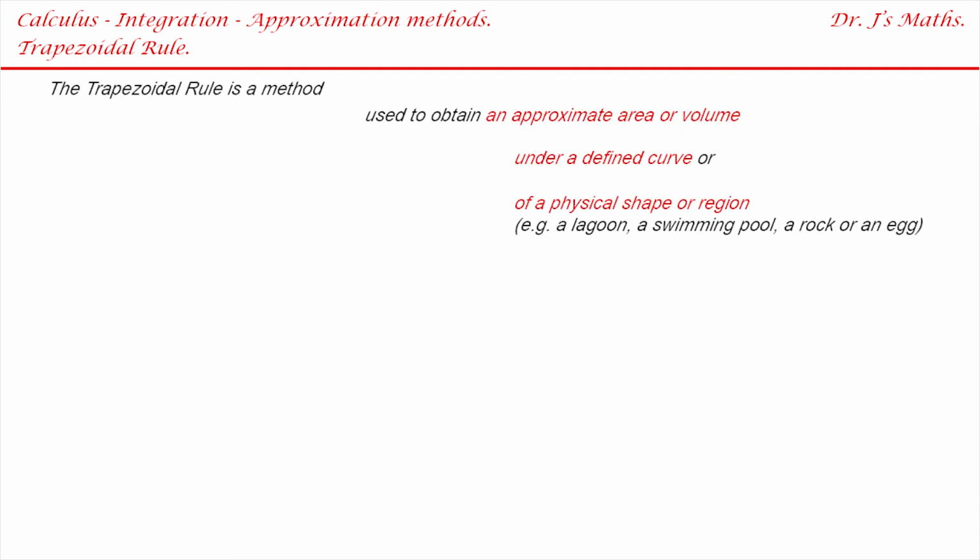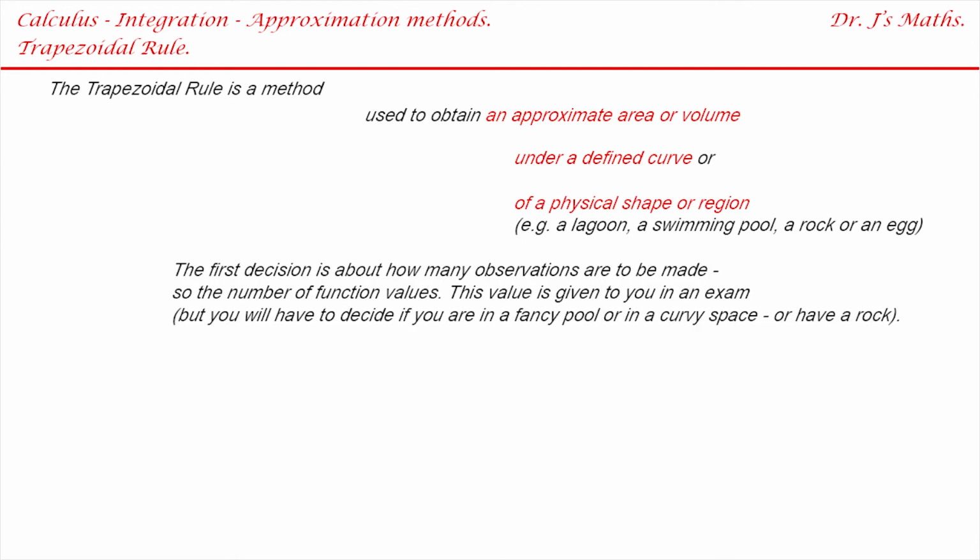In summary, the trapezoidal rule is a method used to obtain an approximate area or volume under a defined curve or of a physical shape or region, such as a lagoon, a swimming pool, a rock or an egg. The first decision we make is about how many observations are to be made, so the number of function values.